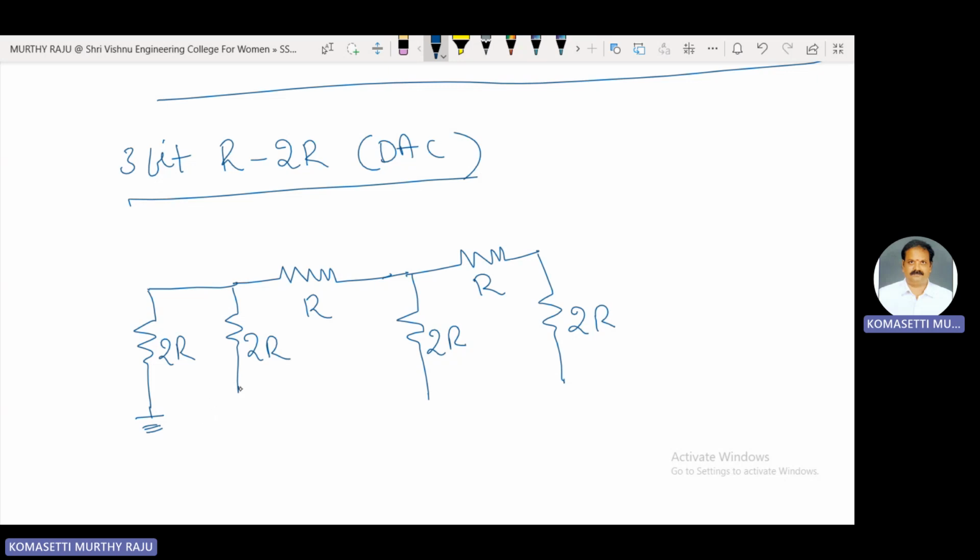These are the switches. These switches are connected either to 0 or 1 depending on the binary data input to the 3-bit R-2R ladder digital to analog converter. The switch movement is in this direction.